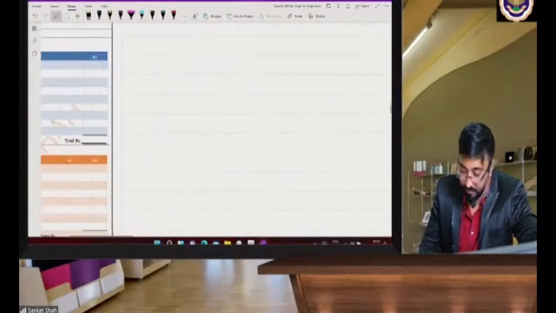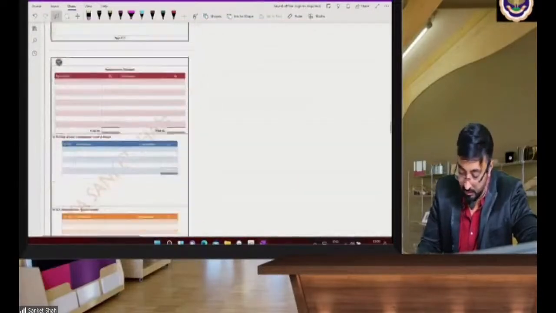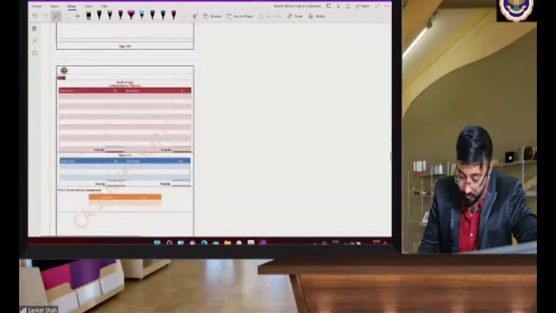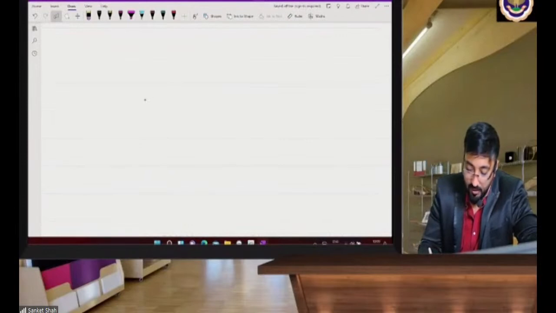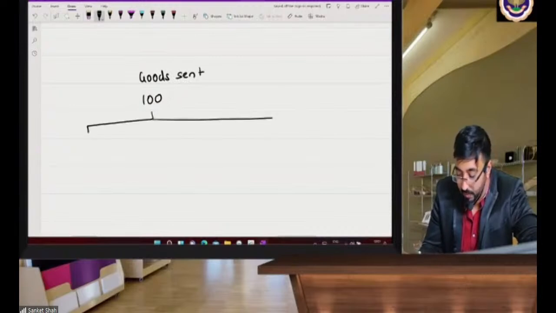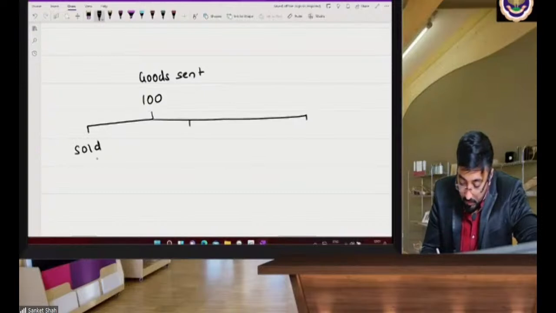See, 8 number. Out of 100 goods sent, so this is goods sent. I will first prepare this chart. Goods sent, sold 75%.